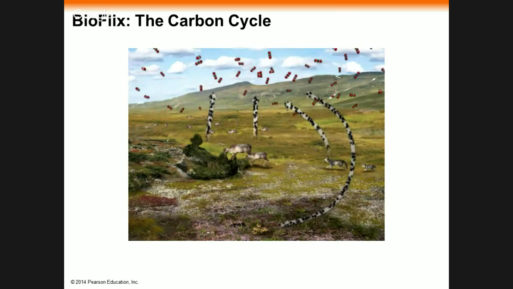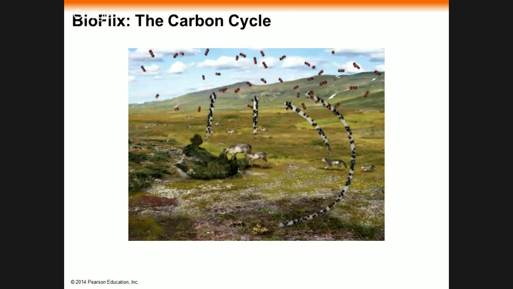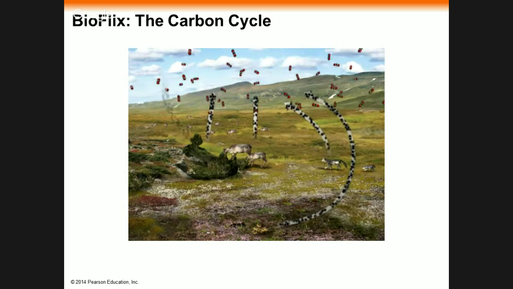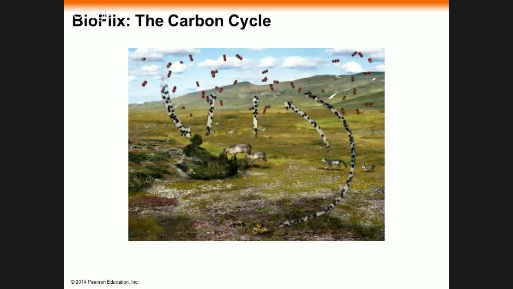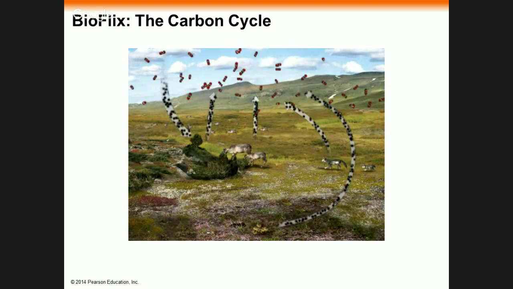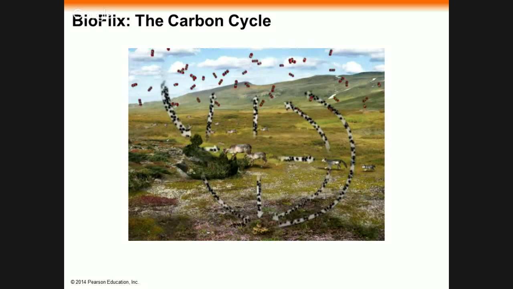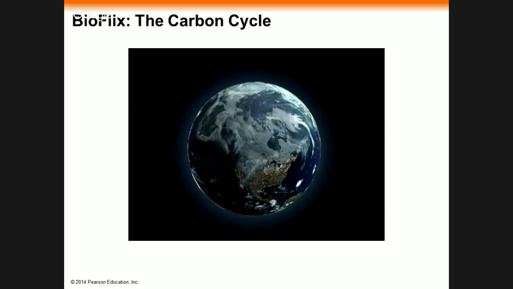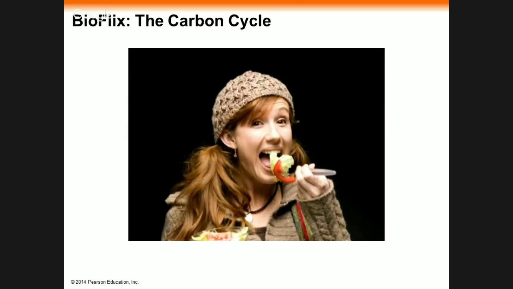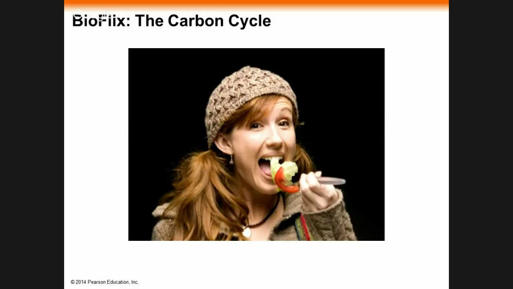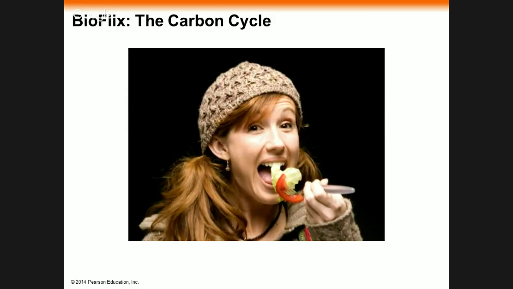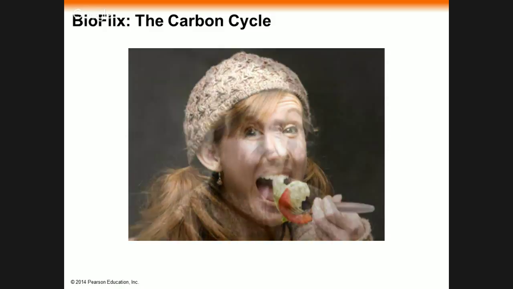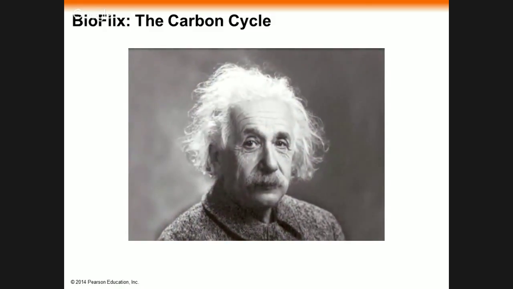Overall, this return of carbon dioxide by cellular respiration is closely balanced by its removal from the atmosphere through photosynthesis. The global carbon cycle involves living things on land and in rivers, lakes, and oceans. And by the way, considering the huge number of carbon atoms in each person and how quickly carbon atoms move through the carbon cycle, there is almost certainly a little of Einstein in each of us.